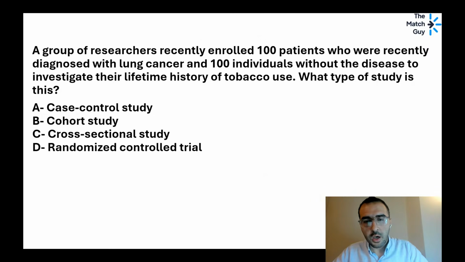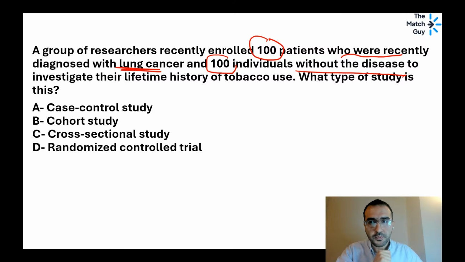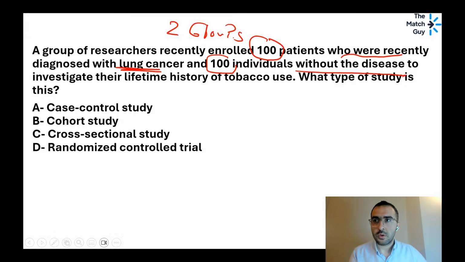So let's go over a question, to make it easier and highlight some key points. Here in the first question, we have 100 patients who were recently diagnosed with lung cancer, and 100 individuals without the disease. First of all, we have two groups here. Two groups could be case control study or cohort study. We can cross out cross-sectional study.